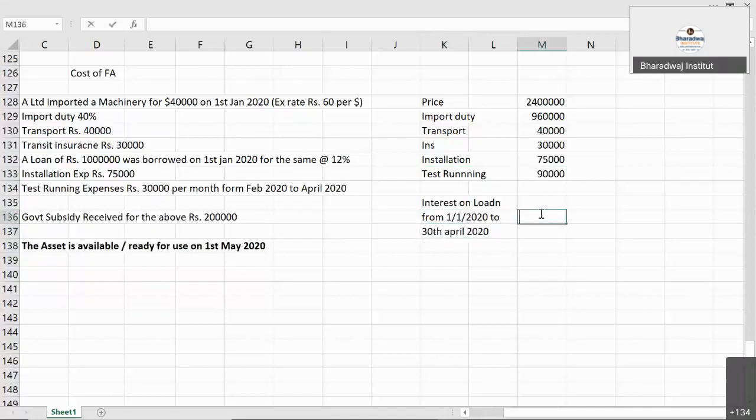So what is interest on loan? 10 lakhs into 12% into how many months? January to April, 4 by 12. 10 lakhs, 12% for 4 months is 40,000. Less government subsidy, 2 lakhs.